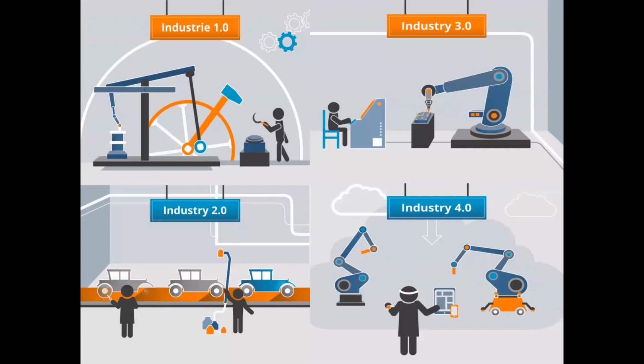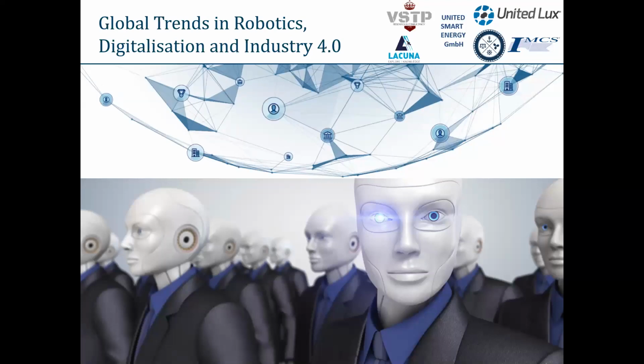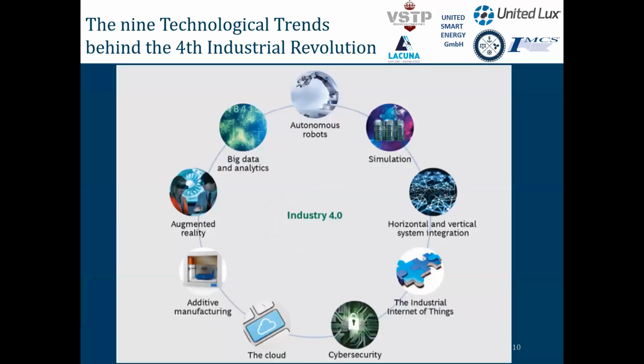So here again, the four industrial revolutions: the first powered by water and steam, the second one then with electrical energy, the third one then with biotechnologies and some progression in autonomy, and the fourth one with global trends in robotics, digitalization, and Industry 4.0. So here we have a closer look at it.